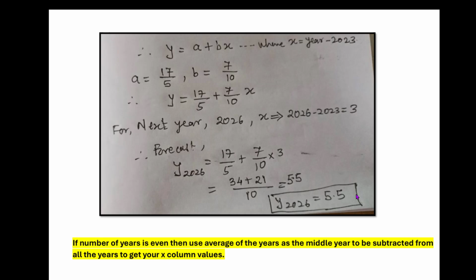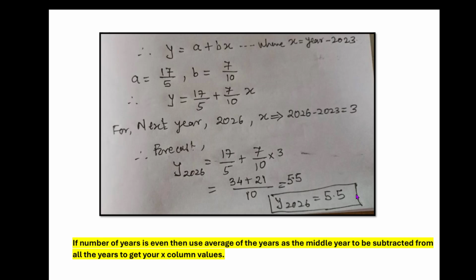And the next step is to forecast for the next year. So this is how we can do it quickly, instead of remembering that big formula and getting confused. I usually recommend this shortcut method.